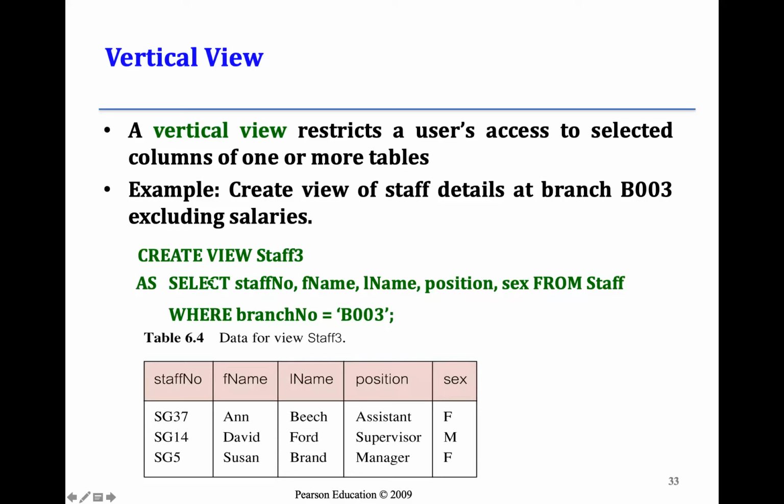And in this case, it's also creating a horizontal view because we're restricting the branch to B3. If we got rid of the where statement, it would be a true vertical only view because we'd see the entire, all rows in the relation just with some of the columns removed.